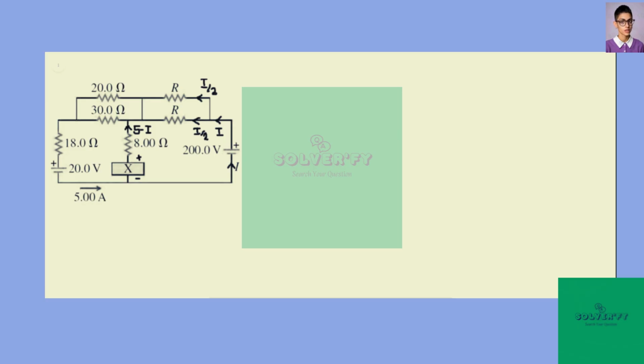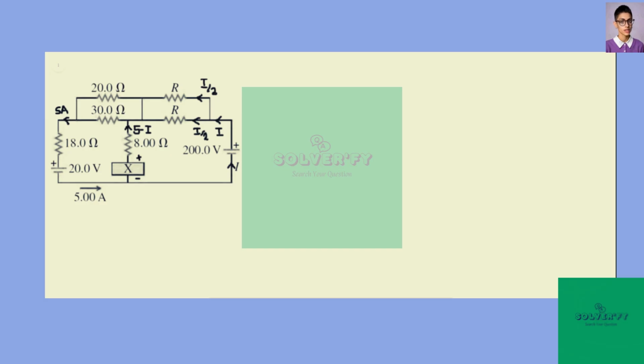Now look at the left hand side here. The current flowing out of here is 5 amperes. Since the ratio of resistance is 2 by 3 here, the ratio of current should be 3 by 2, because in parallel the ratio of current is inverse.